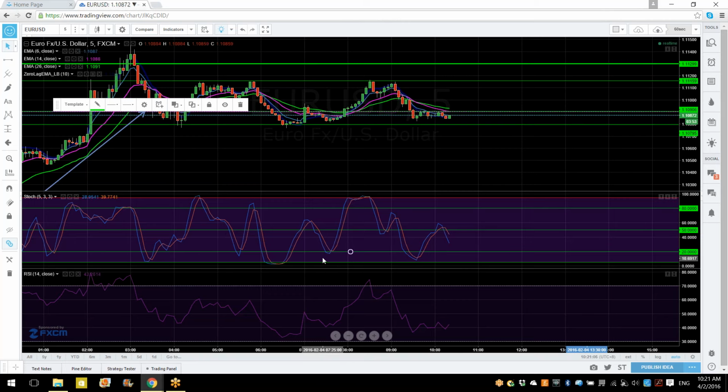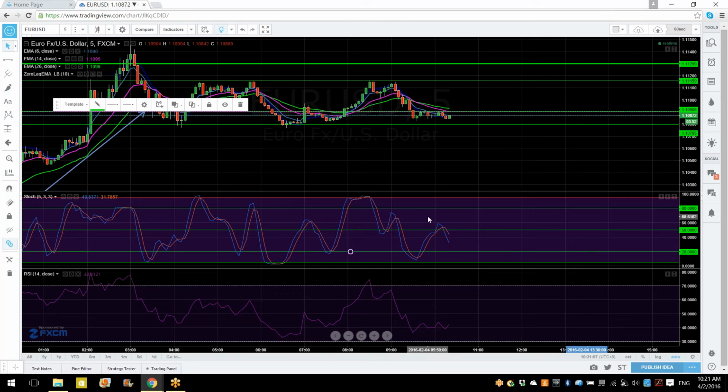So, now basically, whenever it is in the zone of 80 and 95, I will not touch it. Whenever it is in the zone of 0 and 20, I will not touch it. But I will prepare my trade here and here.